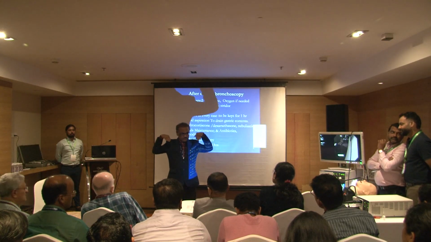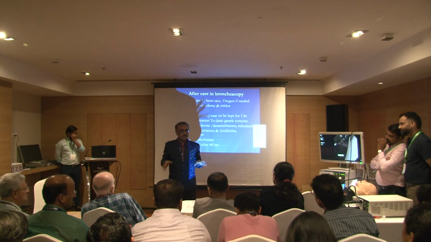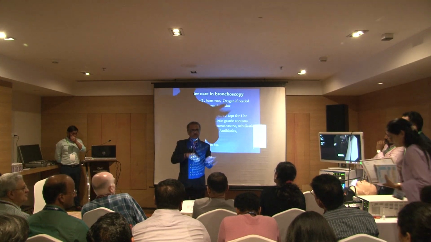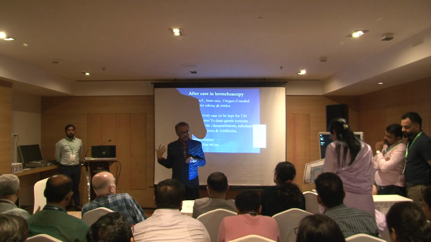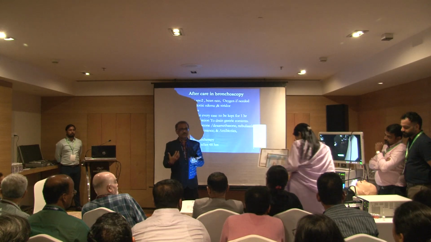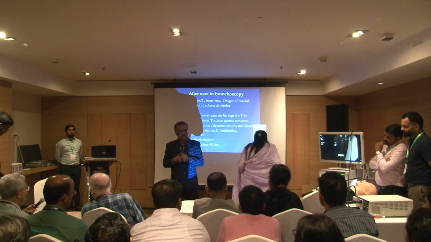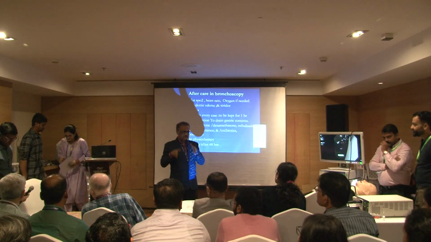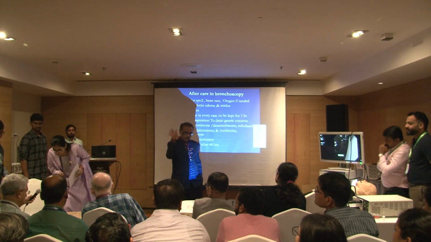The foreign body itself will go to the lower side and main bronchus. Very rarely, if the patient is vomiting and in prone position, it can go to the middle lobe. Very rarely it can go to the upper lobe if the patient is unconscious. But otherwise, they are in the main bronchus or in the lower lobe.